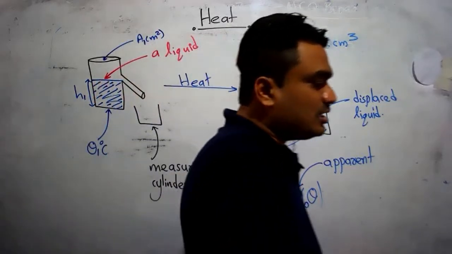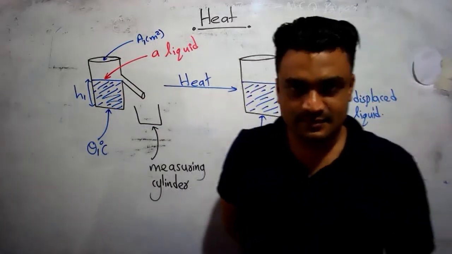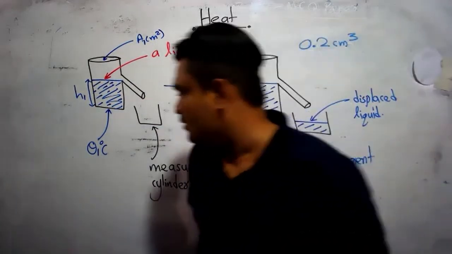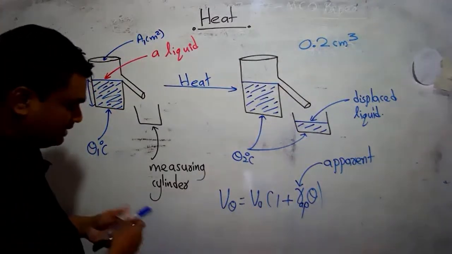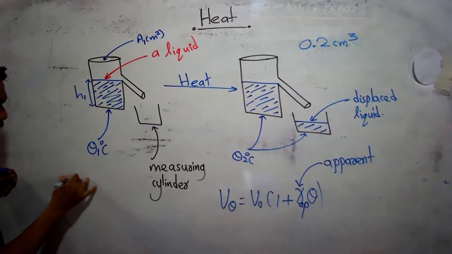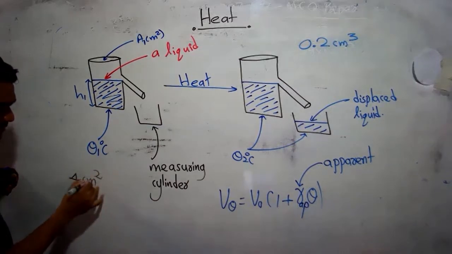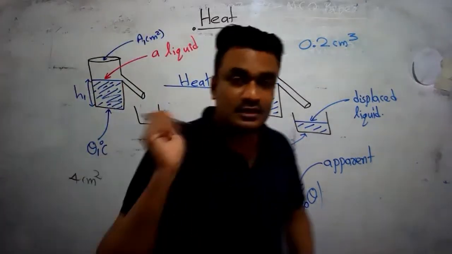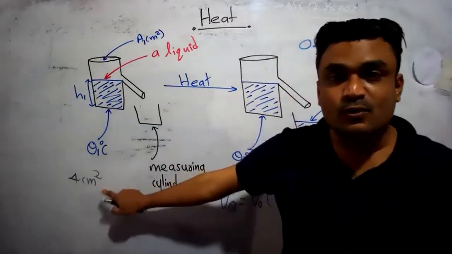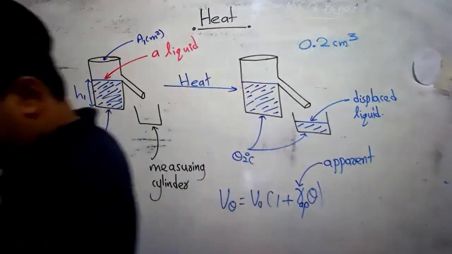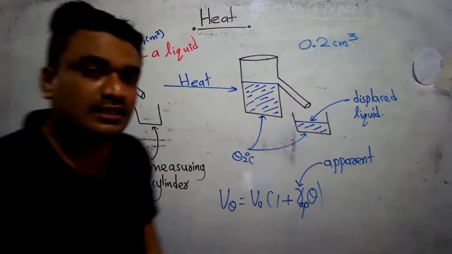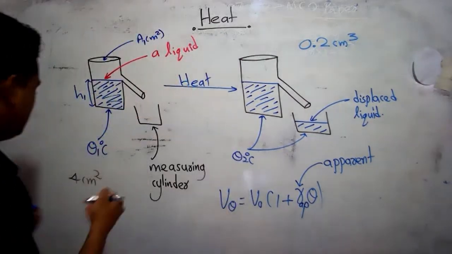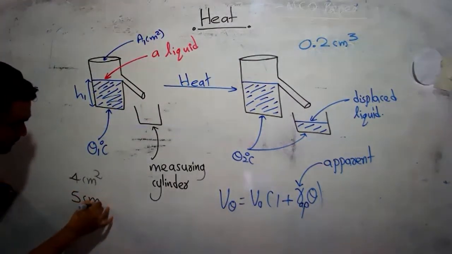The cross-section area of the vessel is, look at the board, 4 square centimeter. Look at the board and write. The cross-section area of the vessel is 4 square centimeter and the initial height of the liquid in the above vessel is 5 centimeter.